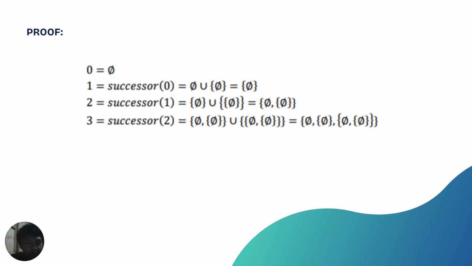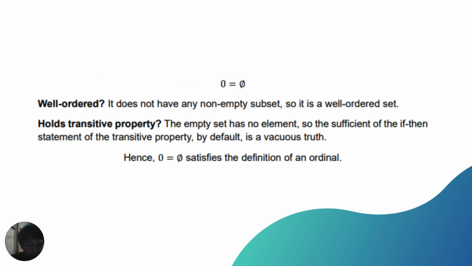Now let's proceed and check if 0, equal to the empty set, is an ordinal. Is it well-ordered? Well, 0 doesn't have any non-empty subset. Now this makes the condition vacuously true.